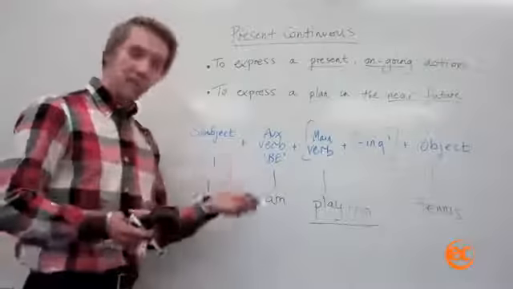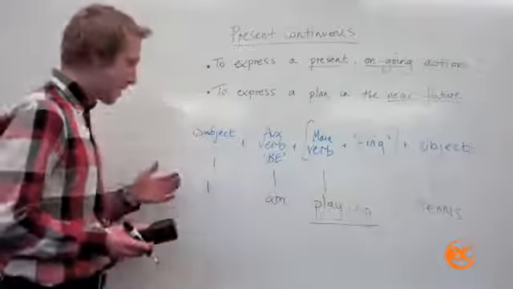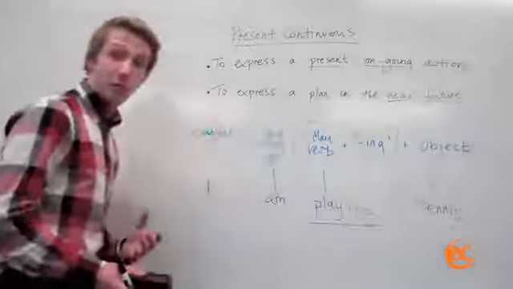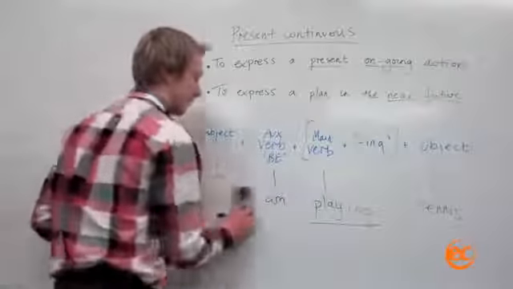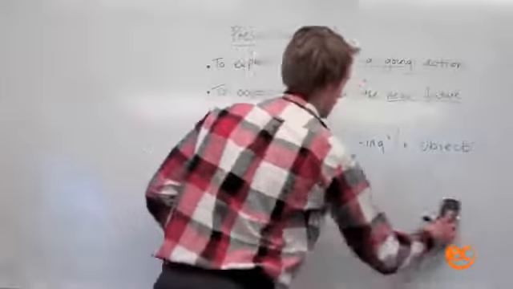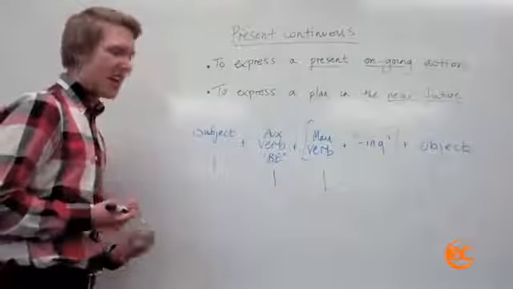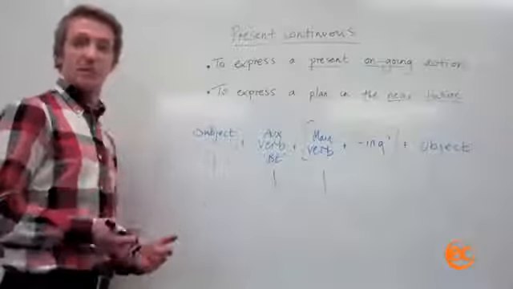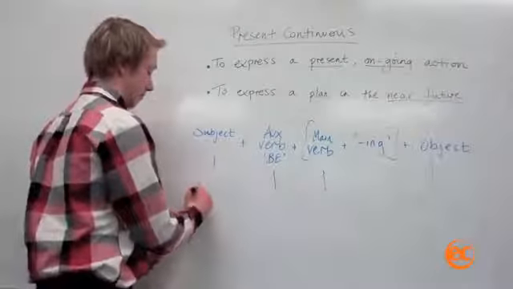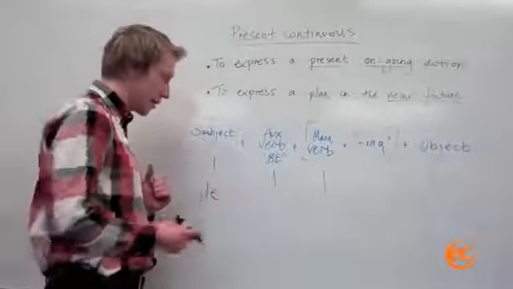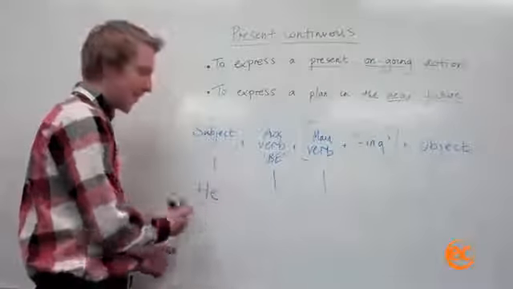So, let's try a different example. Yeah? Let's maybe change some of the language, but we'll stick to our formula. Let's choose a different subject pronoun. Let's try something like he or she. What is the auxiliary verb of to be that complements he?